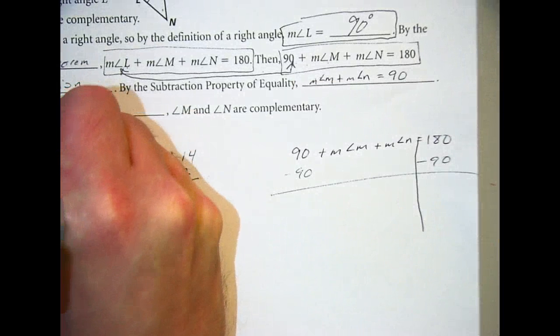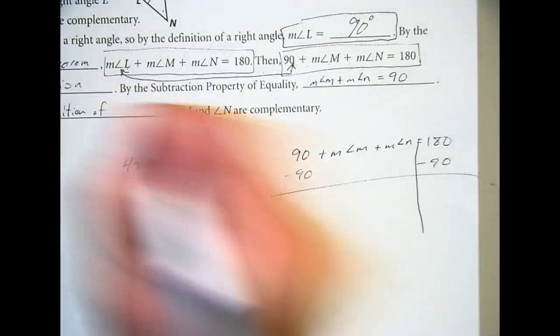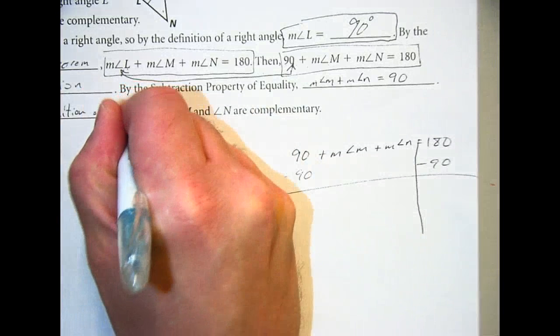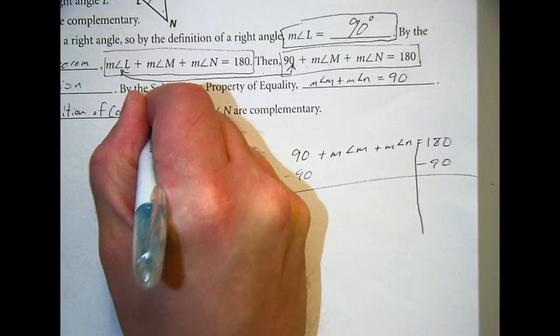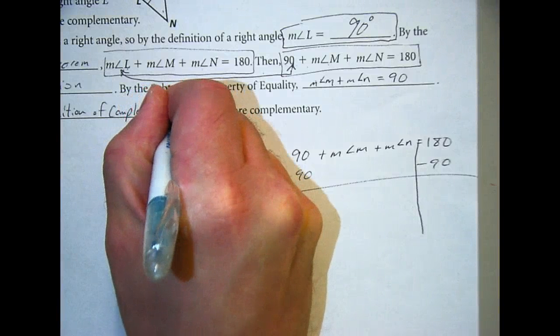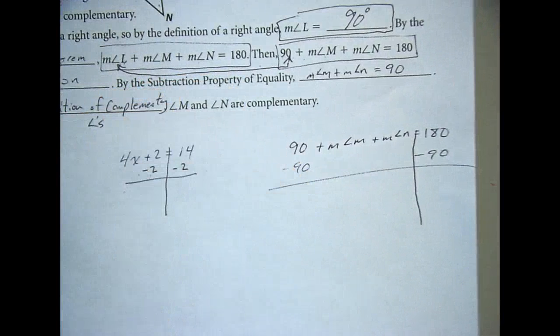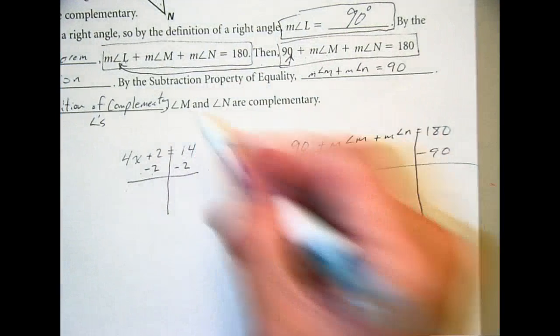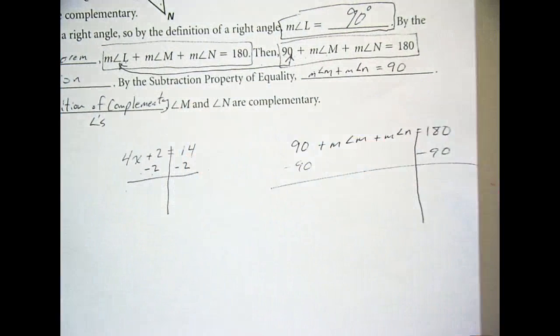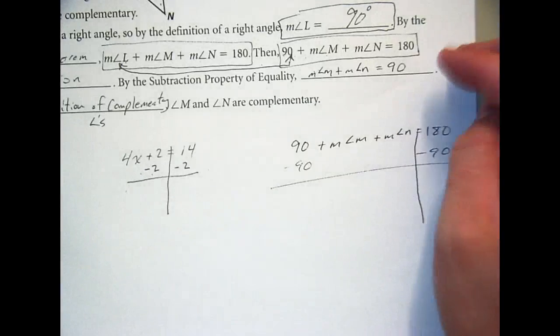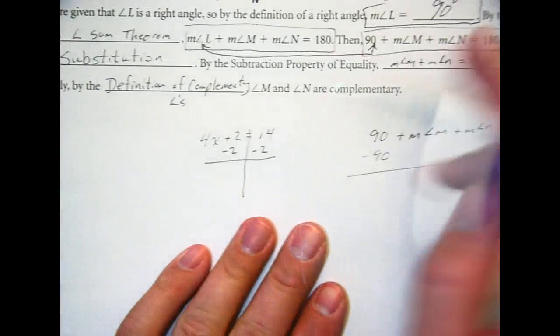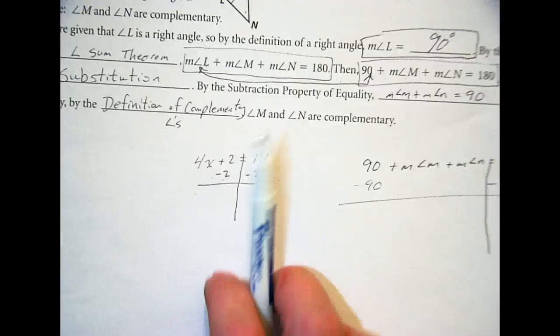So by the definition of complementary angles, angle M plus angle N are 90. The definition of complementary angles says they have to add up to 90.